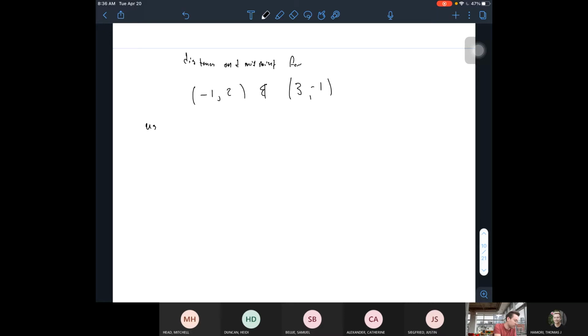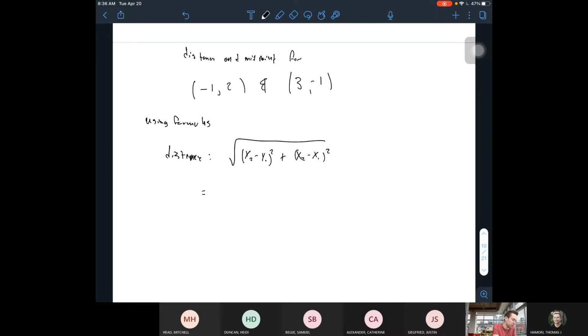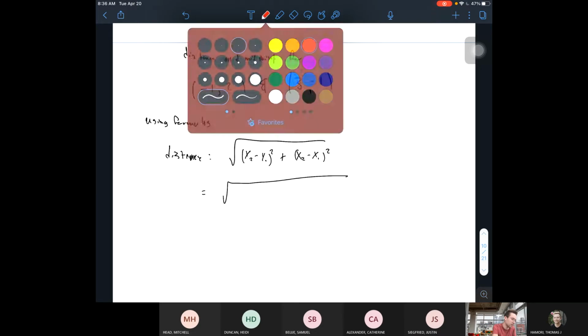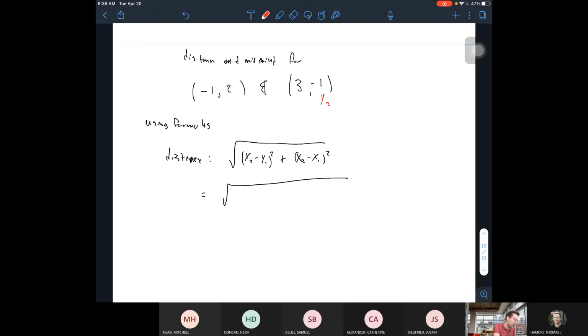So using formulas, the distance formula is the square root of (y2 minus y1) squared plus (x2 minus x1) squared. For us, this would be equal to the square root of, well, y2 is this one, and then y1 will be this one, and then x2 will be this one, right?